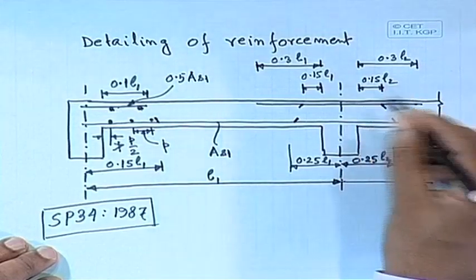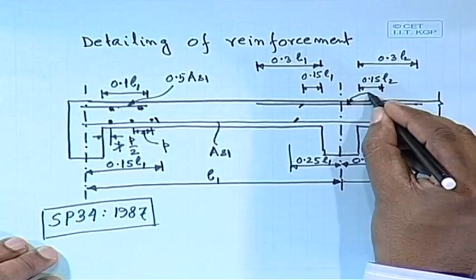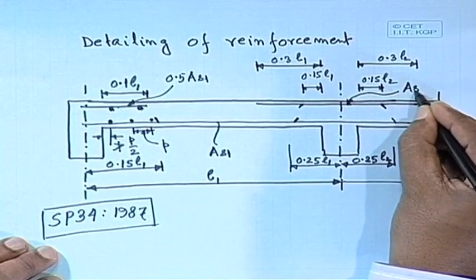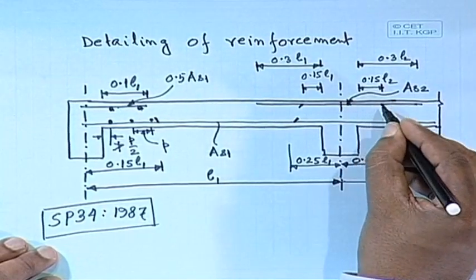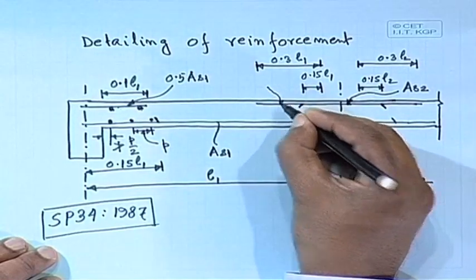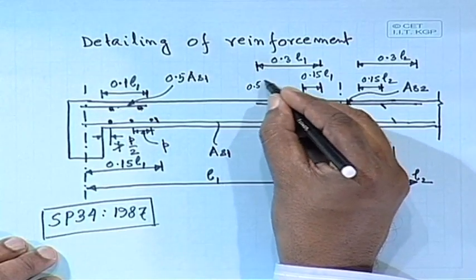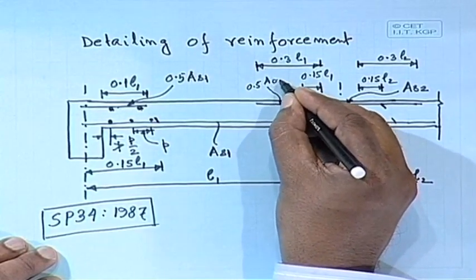What about the reinforcement? The reinforcement here, if I say AS2, the area of steel on the support, AS2, then this one will be 0.5 AS2.